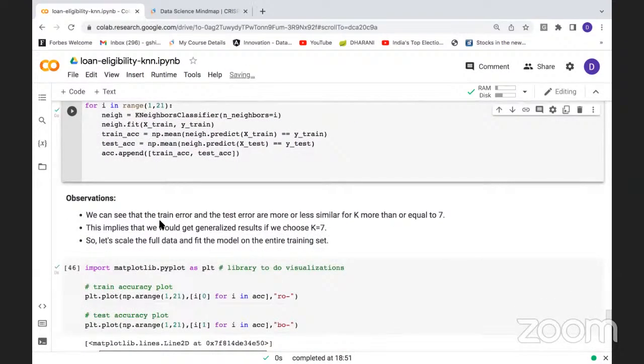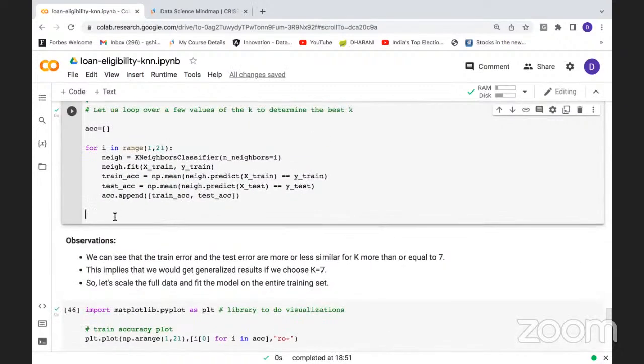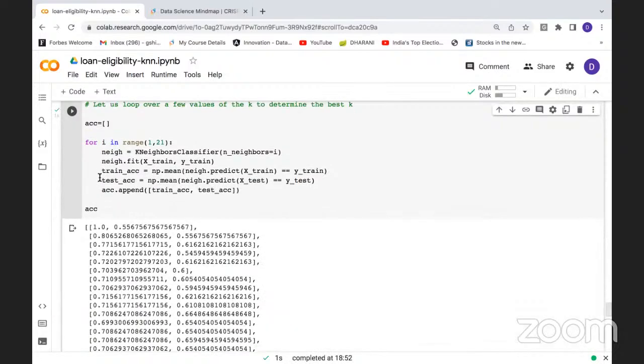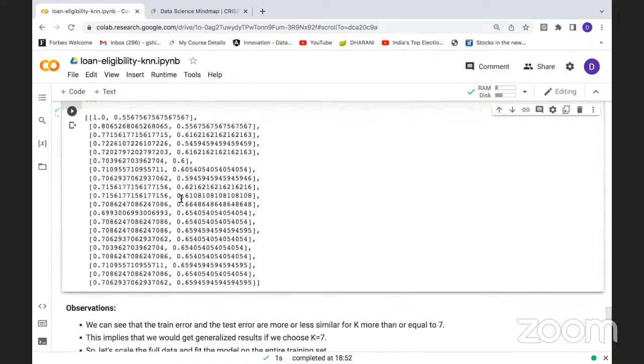Right? I got it. Now, if you want to check accuracy, see, for different values of k you got the accuracies: k equal to 1, 2, 3, 4, 5, 6, 7, 8, like this.